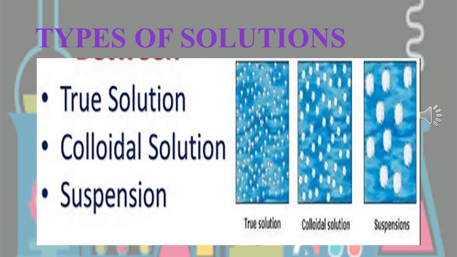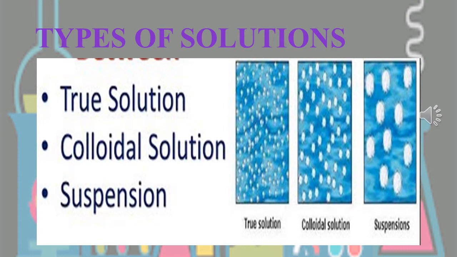Next, let us see about suspension solution. Let us take an example: sand in water or chalk powder in water. When we add chalk powder in water, it mixes in the water, but after some time the particles slowly settle down at the bottom.